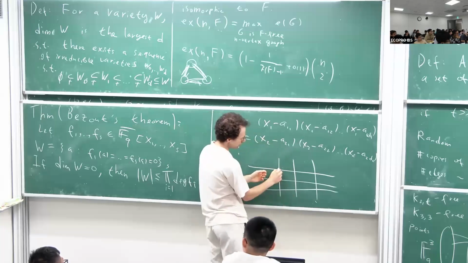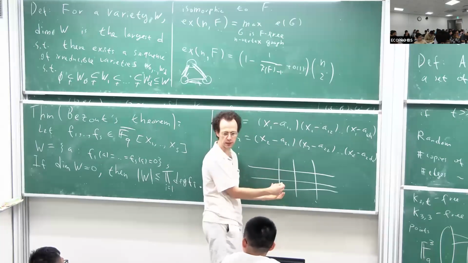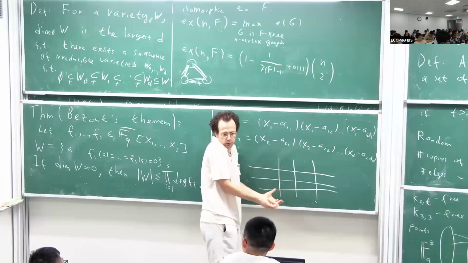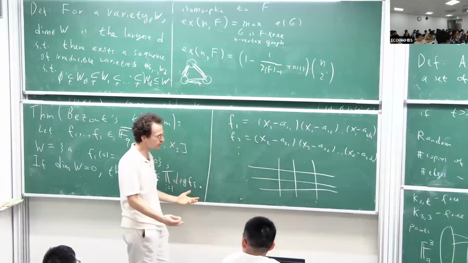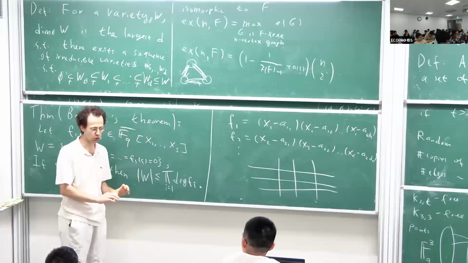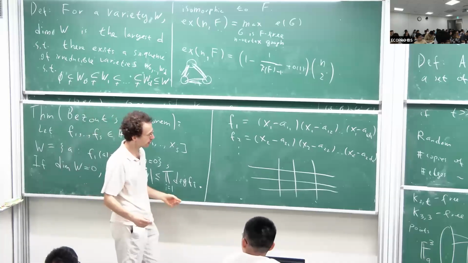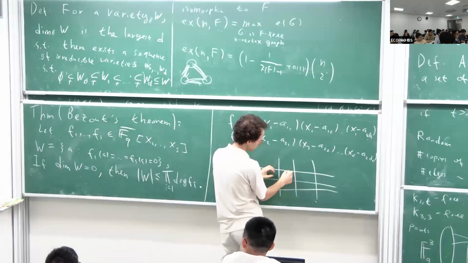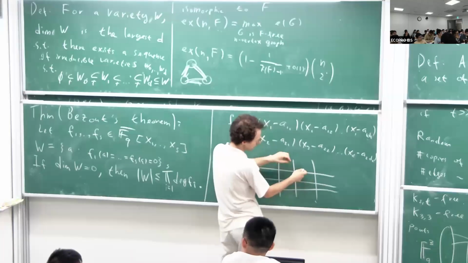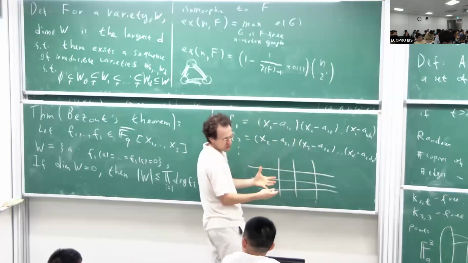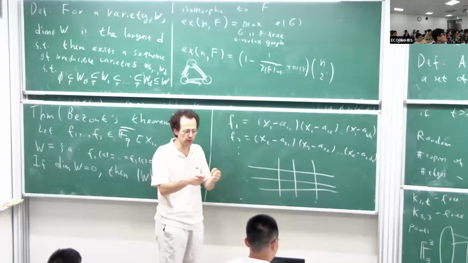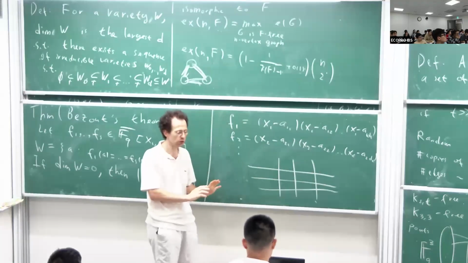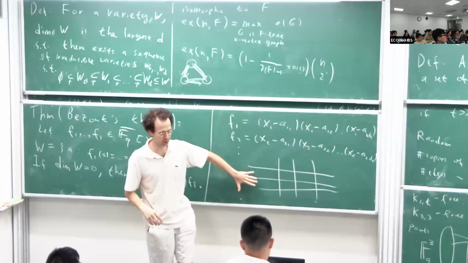But as you wobble, the intersection points move continuously, so the number of intersection points is not going to change if you wobble slightly. You can also wobble the second set of lines, and since the projective plane is compact, things should not be able to disappear. This is the intuition why you should expect this to hold.